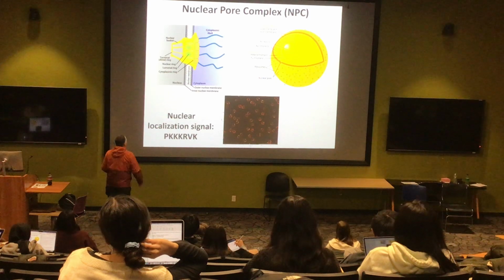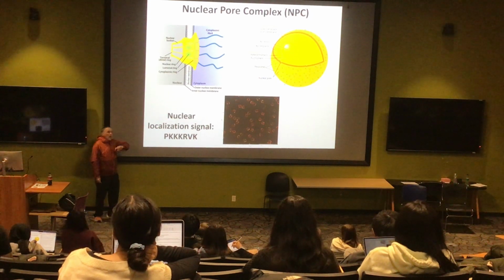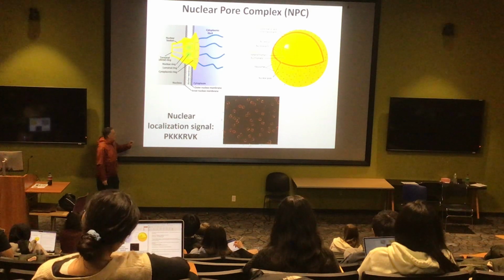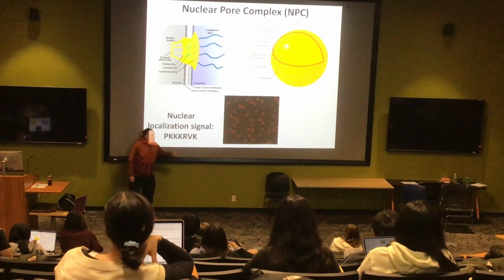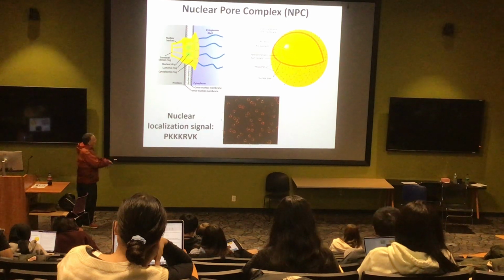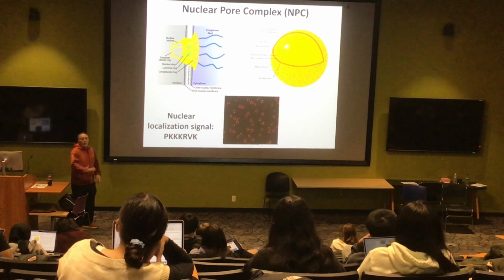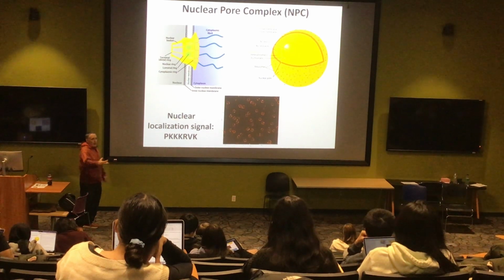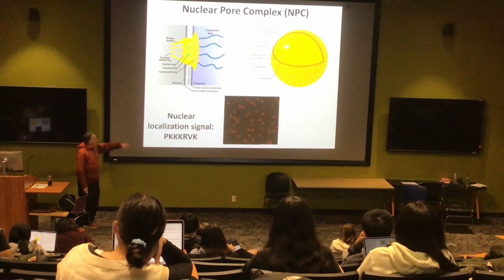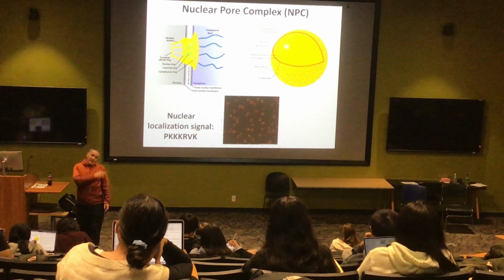Well, it turns out that proteins that are made in the cytosol and are destined to enter the nucleus will have what's known as a nuclear localization signal. It's not absolutely conserved, so it doesn't have to be exactly one sequence. It's just generally a run of 4, 5, or more positive charges at the end of your protein. When you have this at the C terminus of your protein, it's going into the nucleus.